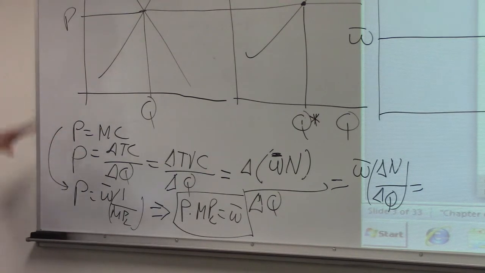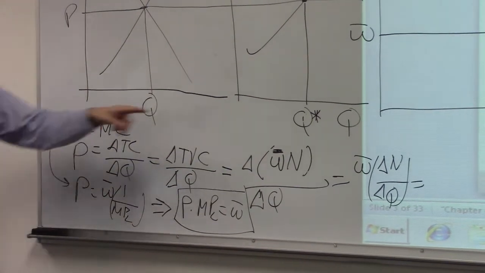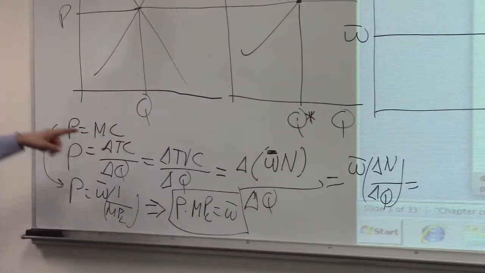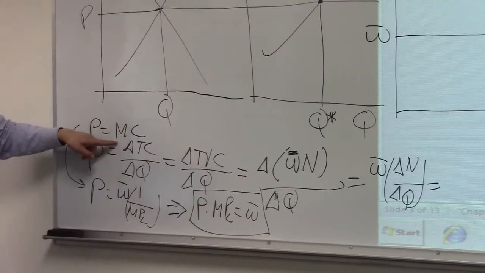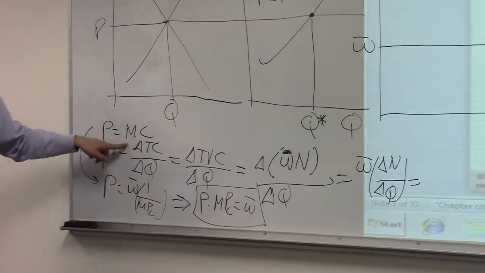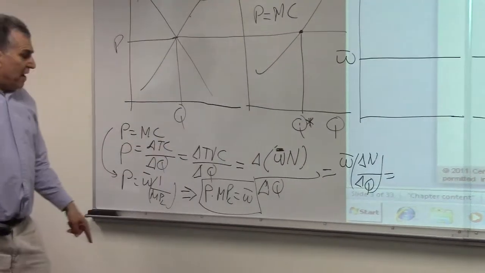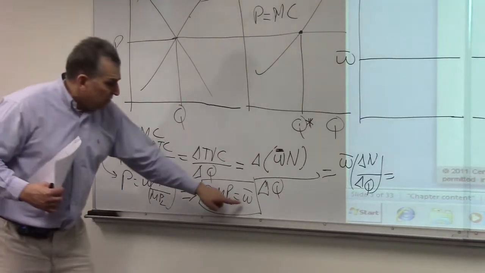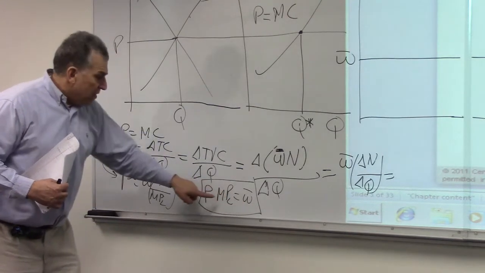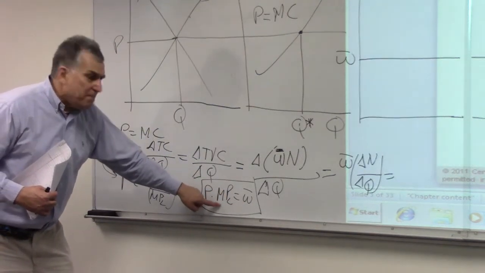Let me repeat. When we say that a firm is maximizing its profits, it finds the level of Q star, in this case, at which P equals MC. It's the same thing as finding the amount of labor that it needs to produce Q star. To find the amount of labor, the firm looks at the wage rate and compares it to P times MPL.